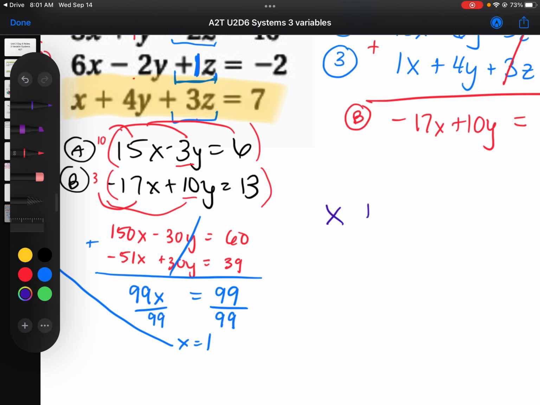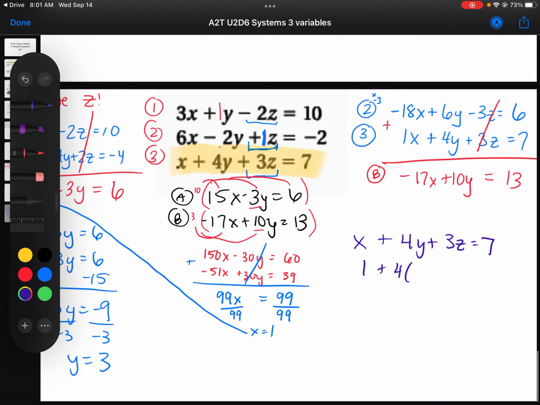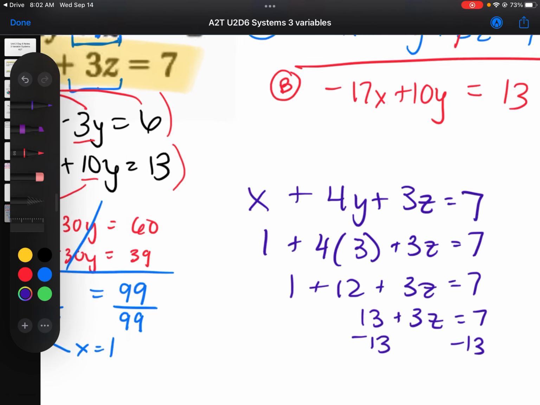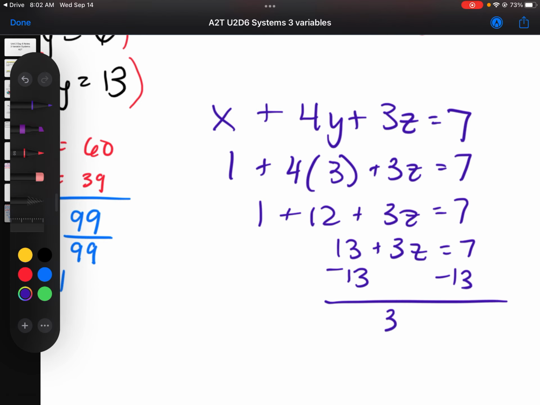So x plus 4y plus 3z equals 7. I know that x is 1 plus 4 times y is 3, plus 3z equals 7. 1 plus 12 plus 3z equals 7. 13 plus 3z equals 7. 3z equals negative 6.